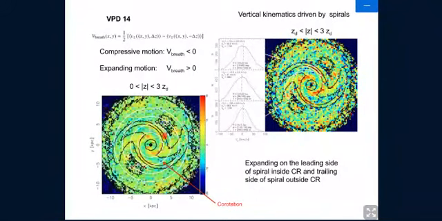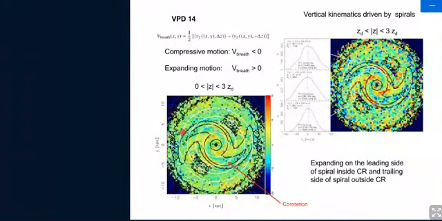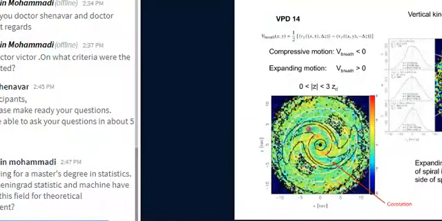They're moving away from the plane. This is the co-rotation resonance over here. What's happening, the stars are coming this way, they're entering the spiral, and as they exit the spiral, they're expanding quite abruptly.